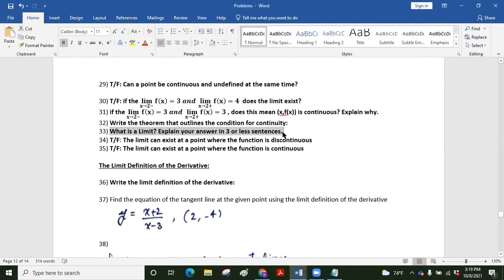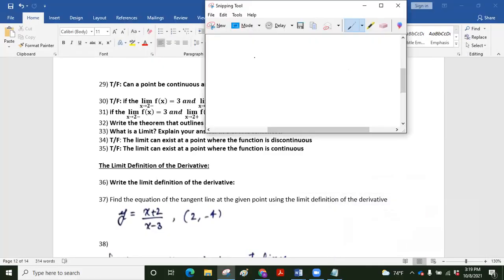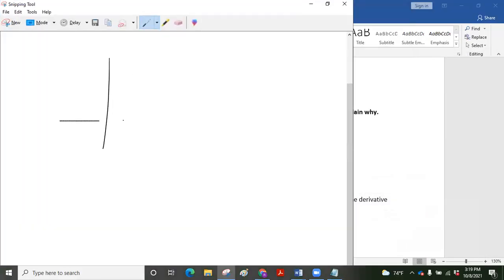What is the limit? Explain your answer. So we said that the limit is an observation, right? It's an observation. So if you have an x value here, the limit as x approaches a, so this is our a value.